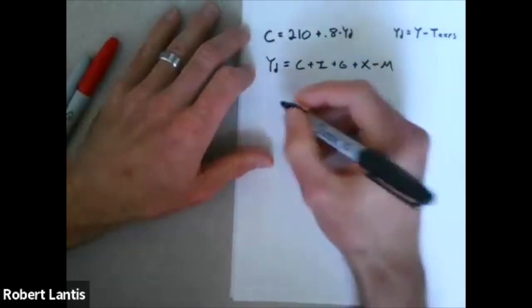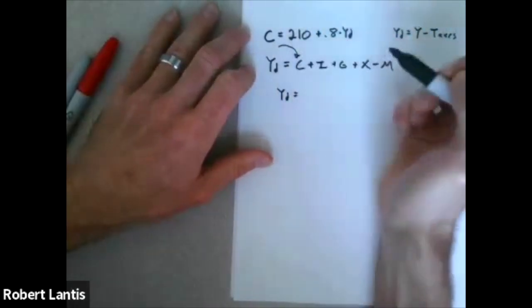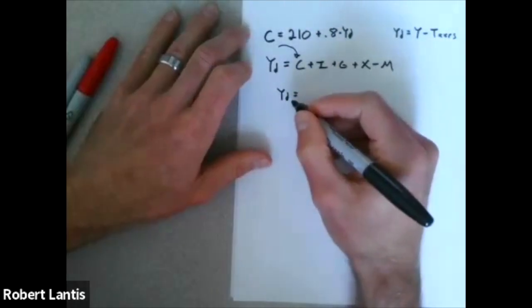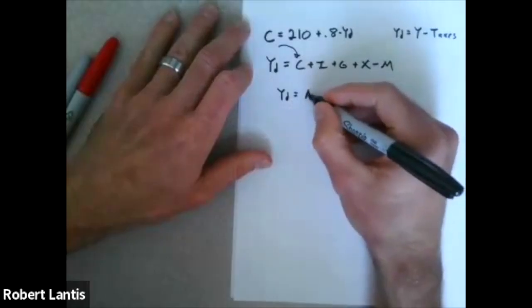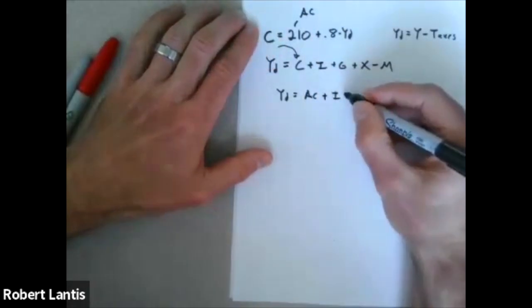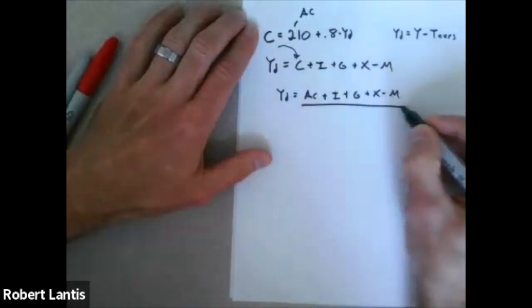So when we rearrange this equation, we had that break-even level, right? We plugged in our consumption function and rearranged so that we were solving for that equilibrium break-even level of disposable income. What we'd be left with was our autonomous consumption plus investment in capital, government expenditures, exports minus imports.